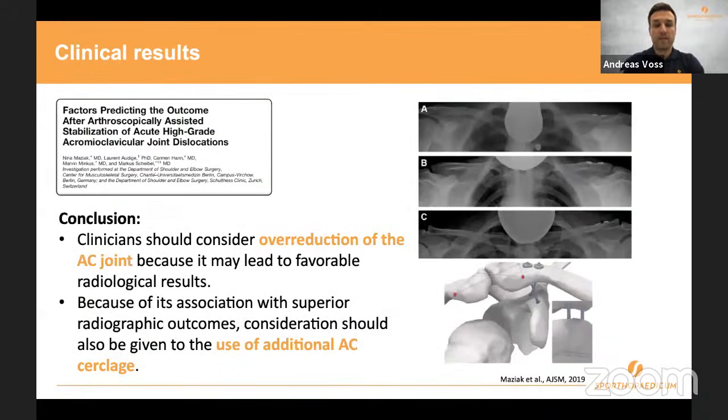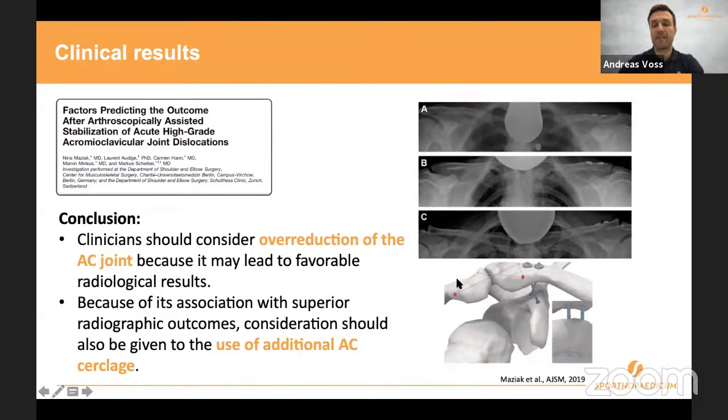This one here is an interesting clinical study from the group of Markus Scheibel in Berlin and Zurich. They investigated the clinical outcomes of over-reduction, and they concluded and proposed to over-reduce the AC joint because it may lead to a favorable radiological result, and because of its association with superior radiographic outcomes, consideration should also be given to use the additional AC cerclage.